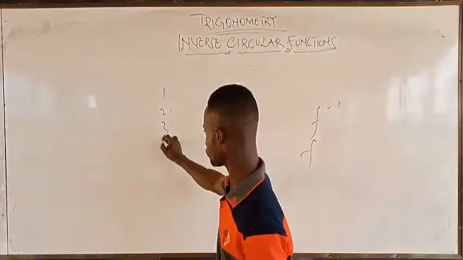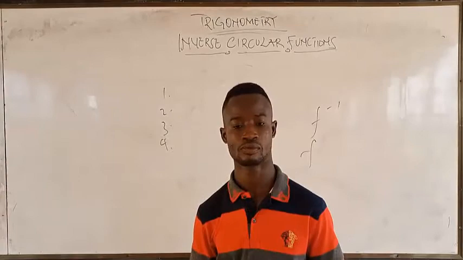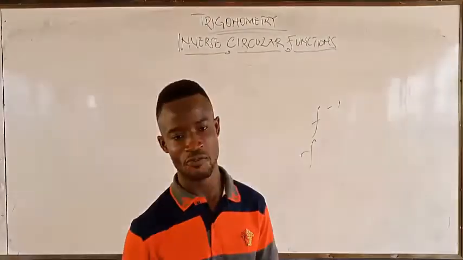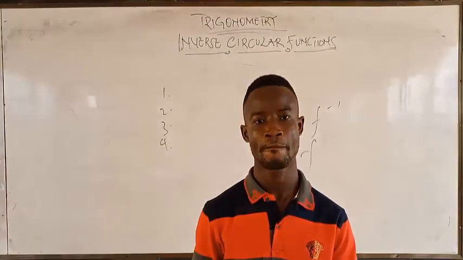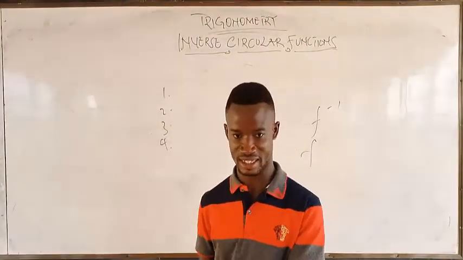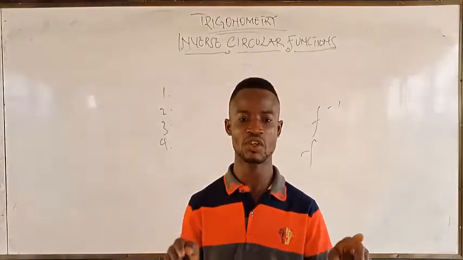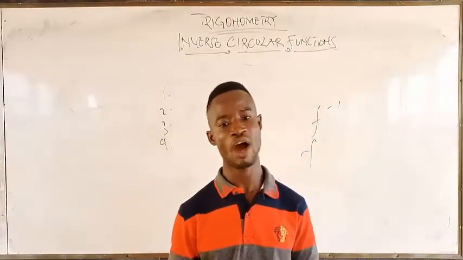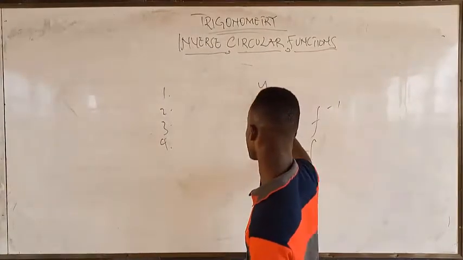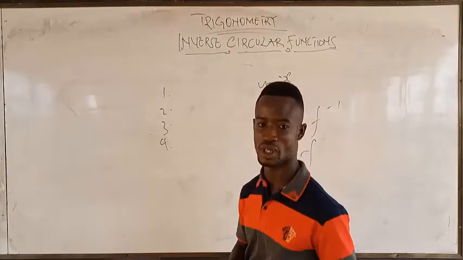4. The graphs of f and f inverse are reflections of each other about the line y is equal to x.